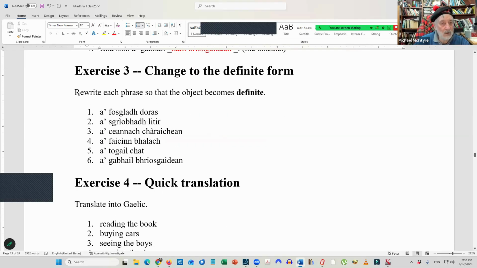So here's what we want to do: make these definite. So instead of a Foslick Doris, opening a door, we want to say opening the door. So what would that be?